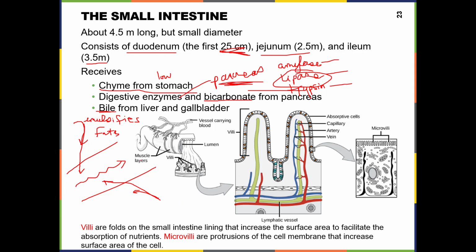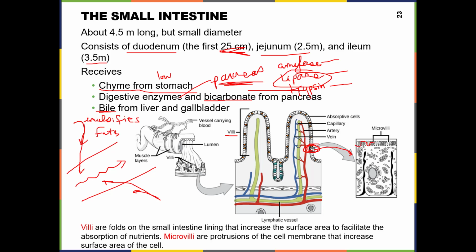Now the surface of the small intestine is ridged, a little bit like the stomach. The stomach has those rugae, these waves. And then if you look closer at each wave, you can see these individual cells. So the waves are called the villi. And then on each of the cells, I don't know if you can see here, but they're circling one cell and they're coming in close up.